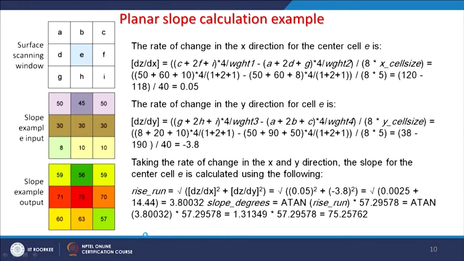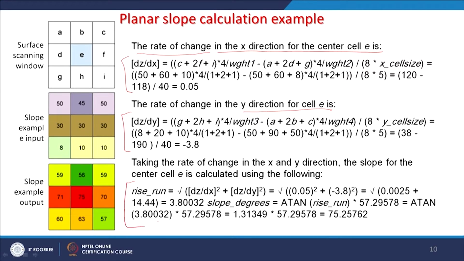Further, the rate of change in the x direction for the center cell, that is E, is calculated like this, and then the rate of change in the y direction is calculated like this. So for each direction, because horizontally there are two directions, x and y, such calculations are required, and then finally you get a slope.